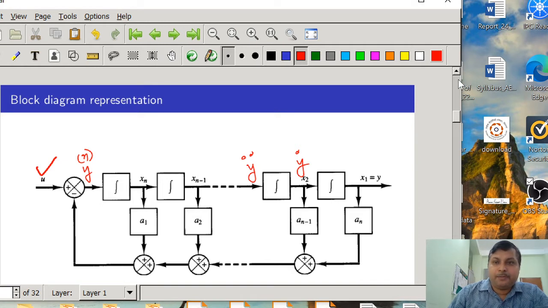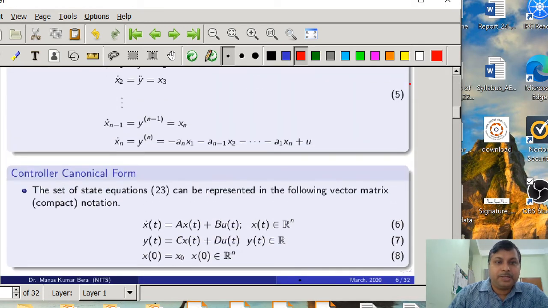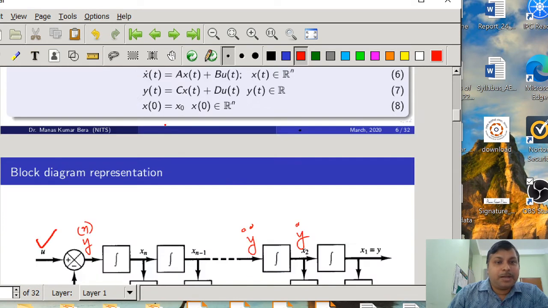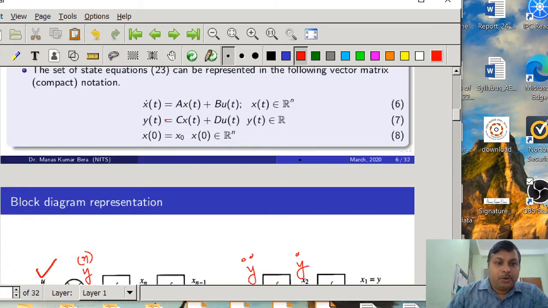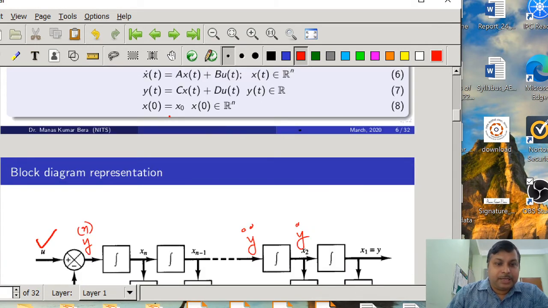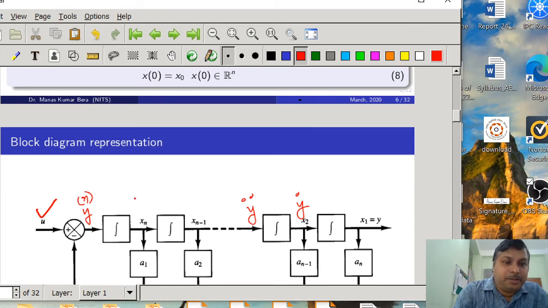Now xn minus 1 dot, if you see in this expression, is the n minus 1th derivative, so we can see that this will be the y of n minus 1th derivative.